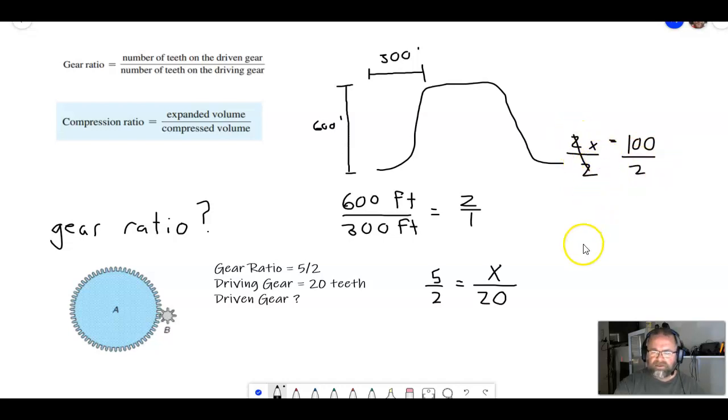That will get rid of my 2's over here, and then x is equal to 100 divided by 2, which is 50. So that means I have 50 teeth on my driven gear. All right, so try some of the examples in my math lab and also in the book. Make sure that you're understanding this, and then we'll move on to proportion.